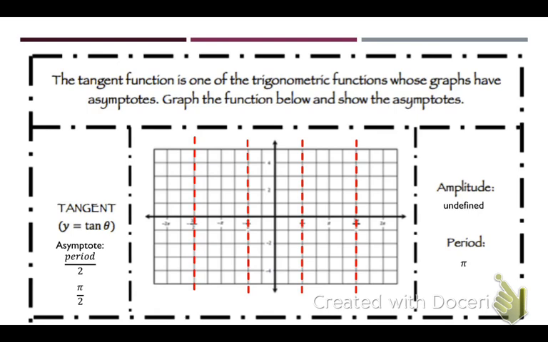Okay? And then for the tangent function, you always start at 0. And then this is where that fake amplitude comes in. My fake amplitude on this is 1. So I'm going to go to the left, over 1, down 1. To the right, over 1, up 1. And then I can just draw that graph.